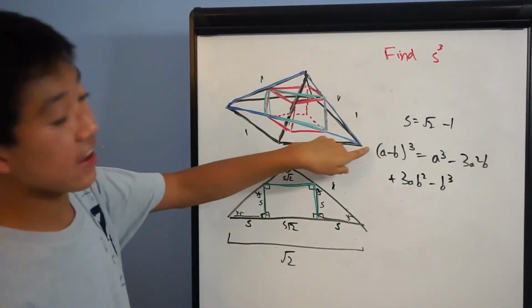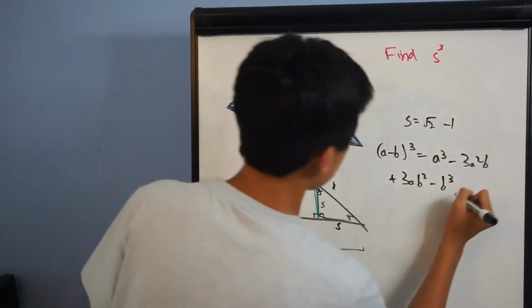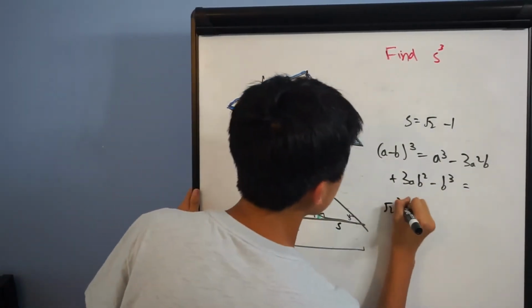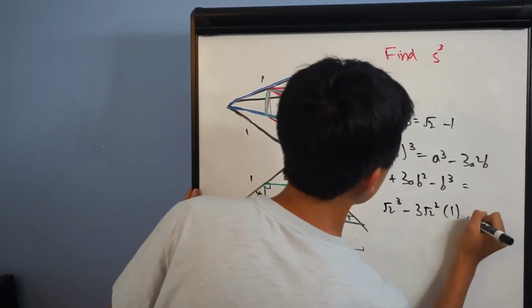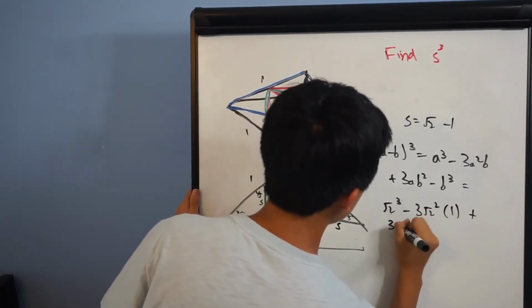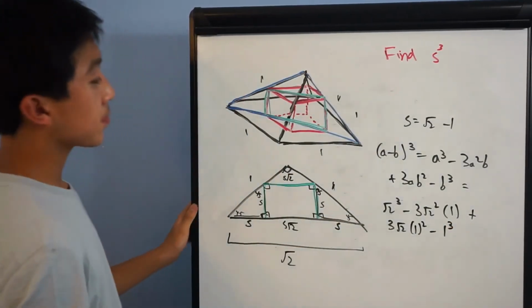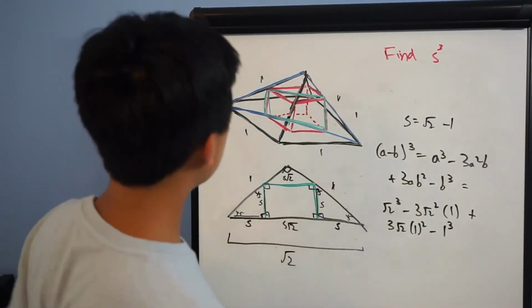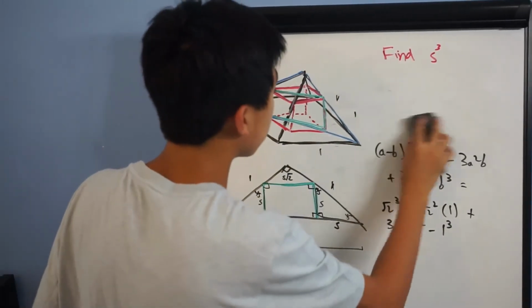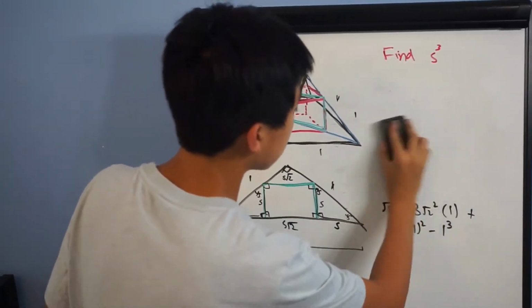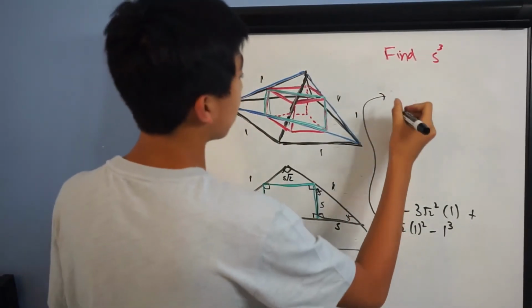Plugging in A equals root 2 and B equals 1, we have root 2 cubed minus 3 root 2 squared times 1 plus 3 times root 2 times 1 squared minus 1 cubed. Expanding all these and simplifying, let's erase this. We don't need this. This is our final expression. Drawing an arrow again, since this is taking a lot of work.